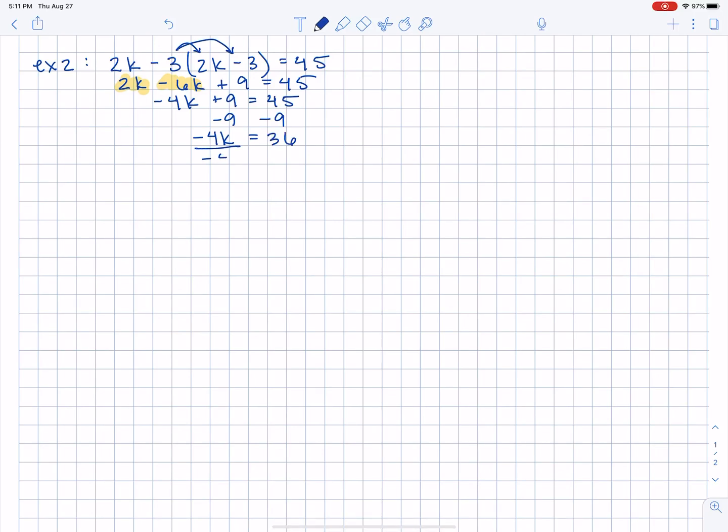Divide by -4. Don't forget to divide by that entire coefficient. I'm going to highlight that really quickly. This is the entire coefficient. If it's a negative number, divide by a negative number. And then we get k is equal to -9. Final answer. There we go.